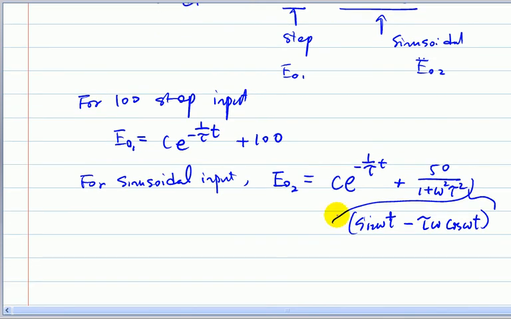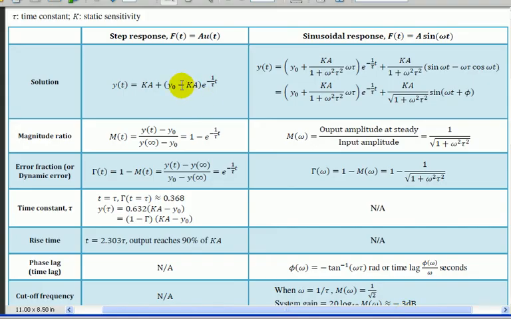So it's a little bit different from the formula sheet here. This is based on the initial condition, so this is your C value here. But in this case, I need to solve this initial condition at the same time.